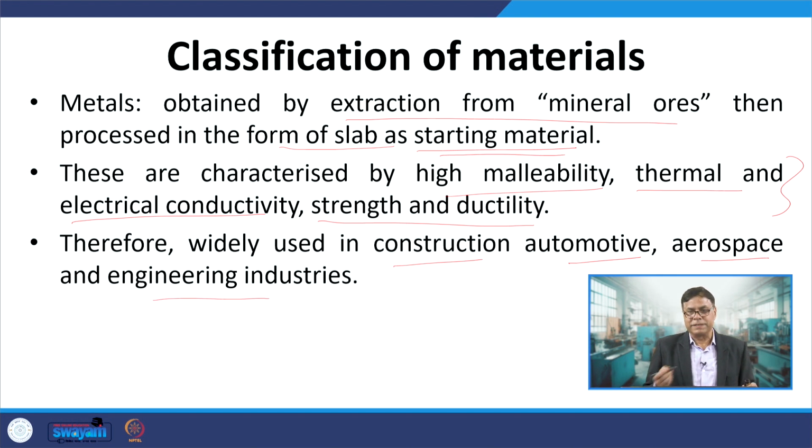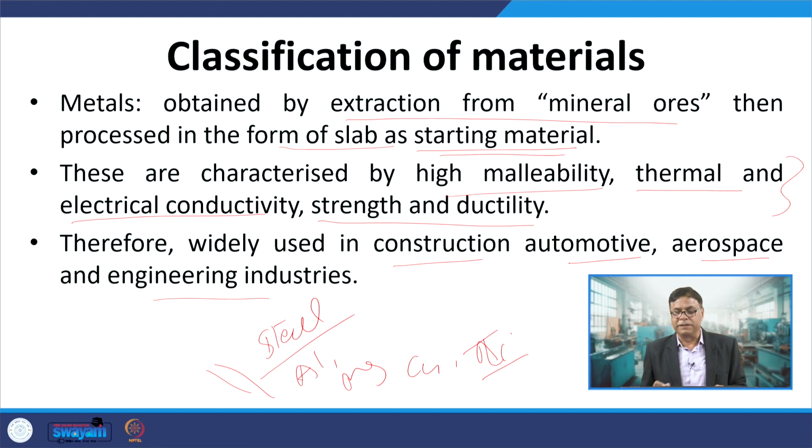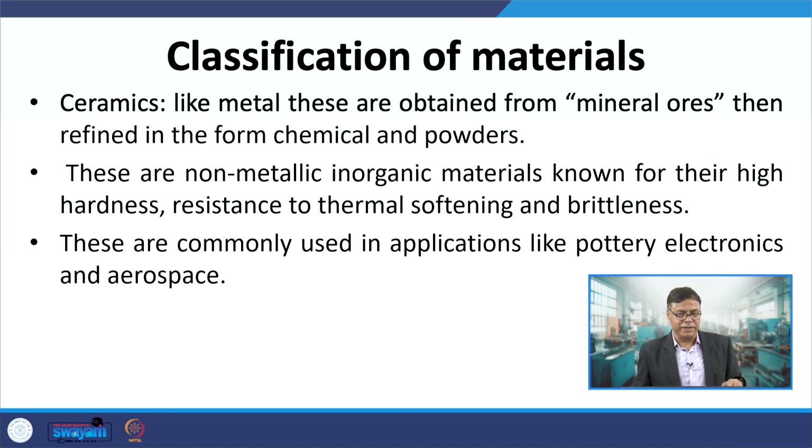A variety of metals are used, especially a variety of steels, which includes carbon steel, alloy steel, stainless steels, and a lot of advanced steels nowadays. We have aluminum alloys, magnesium alloys, copper alloys, titanium and many other metals which are extensively used nowadays in these industries.